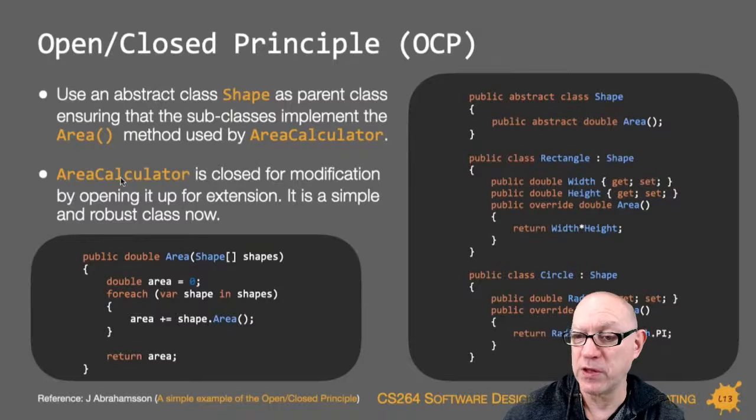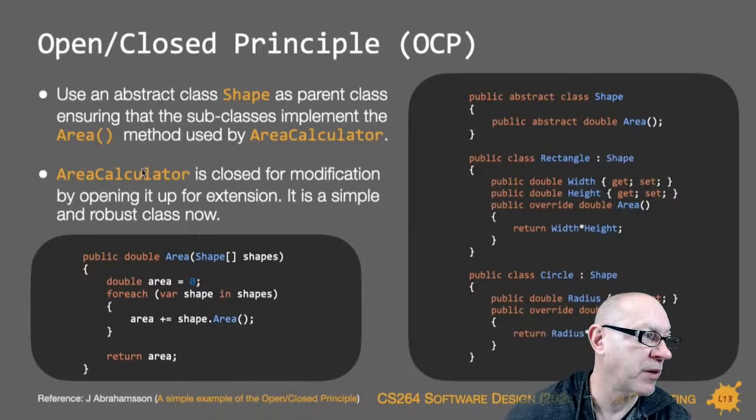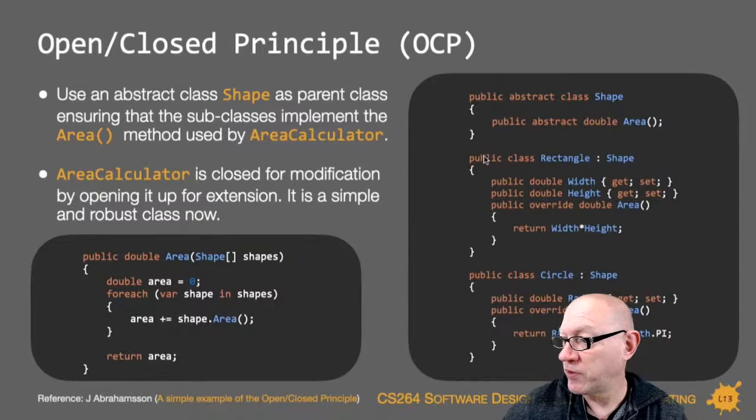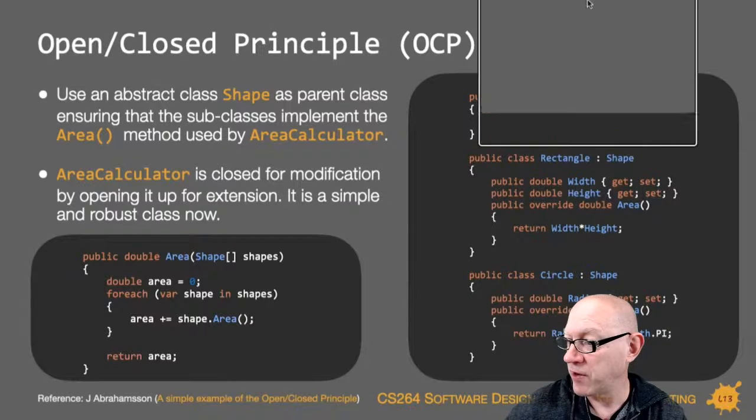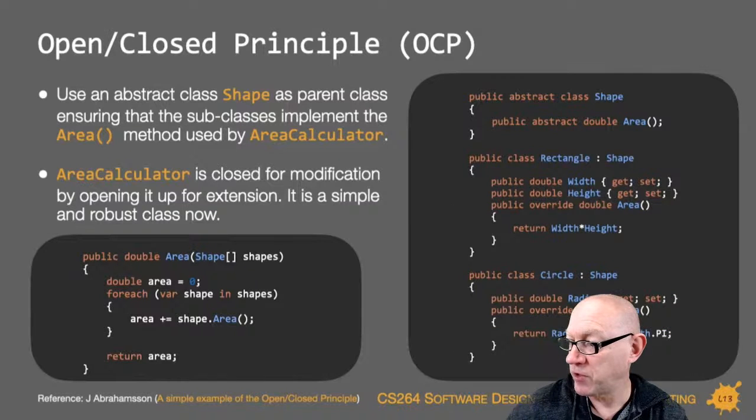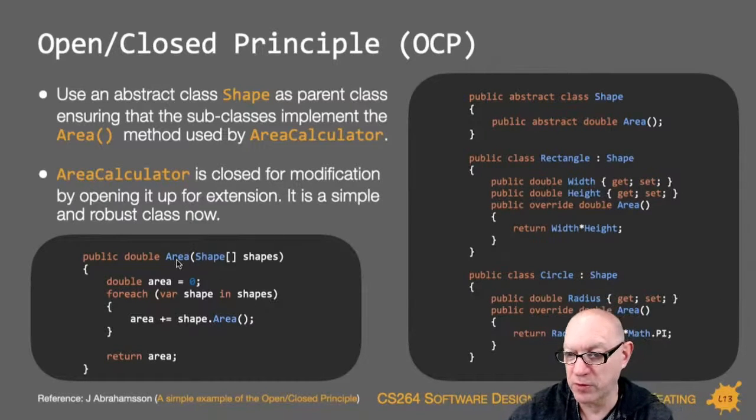I need to change this to be shape; I was just copying and pasting to get the type. Now it's a much more robust class. We have a rectangle that extends shape and calculates the area, and a circle that extends shape and calculates the area. And now our area calculator will be a much more straightforward one.